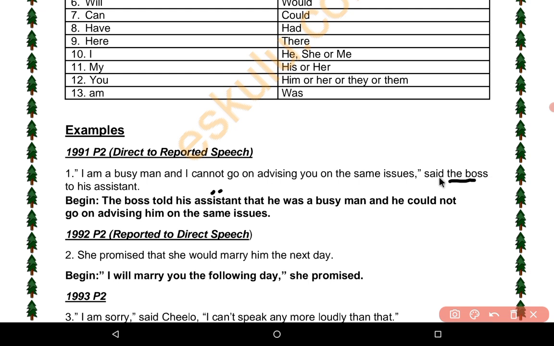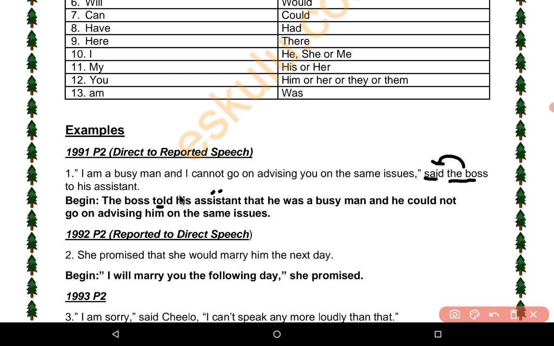So the word said, when reported, will change to told. Okay, the boss, so you go like this but then change this to past tense. The boss told his assistant. Now you're going to change a number of things.